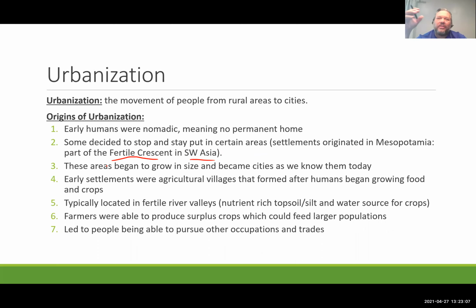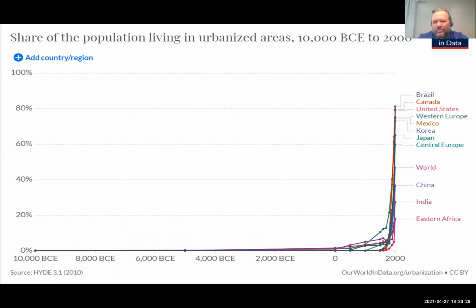And so, when they became settled, more people started coming in there, and then the city started to develop. They were generally agricultural villages at first, and then they grew over time. All right. And so farmers were able to produce a surplus of crops, which led more people to be able to pursue other occupations. And we've talked about that, the agricultural revolution.